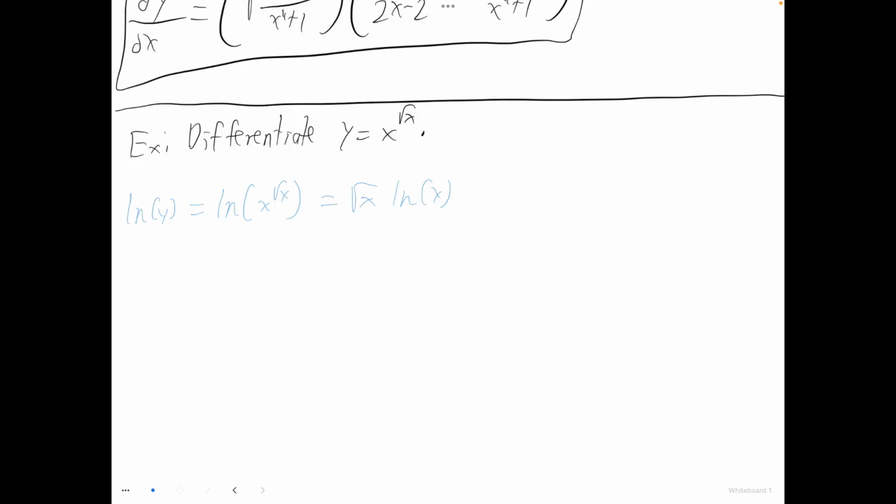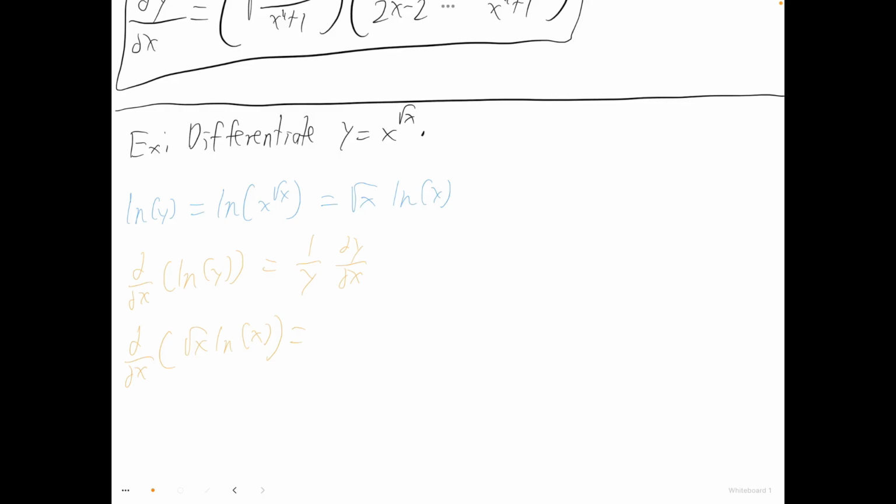And so we now have this. Now we're just going to take derivatives implicitly. So we have the derivative with respect to x of ln of y, which is 1 over y dy over dx. And the derivative of square root of x ln of x.